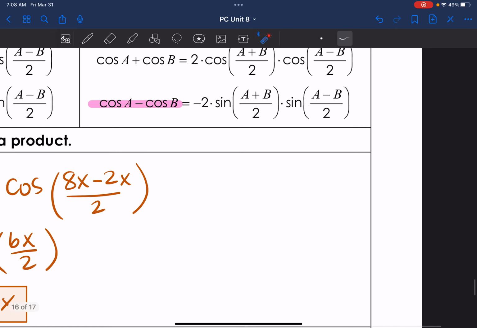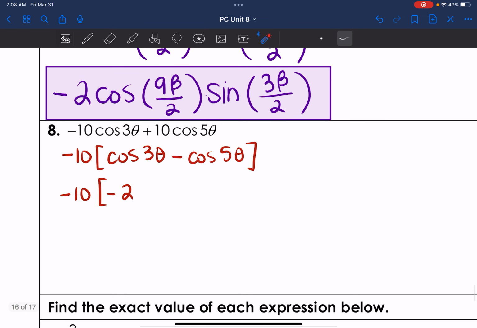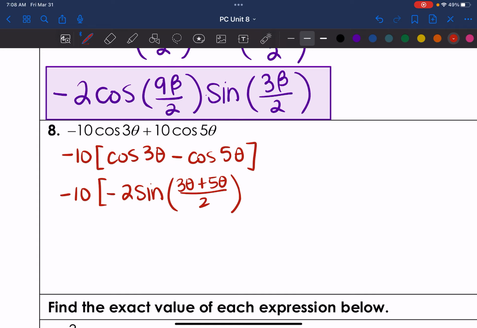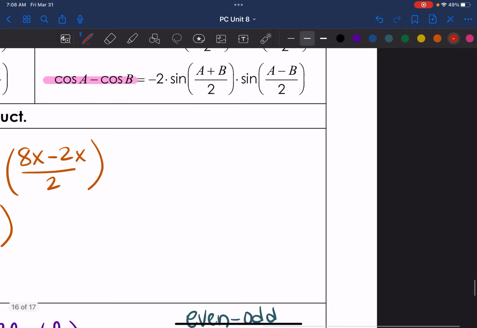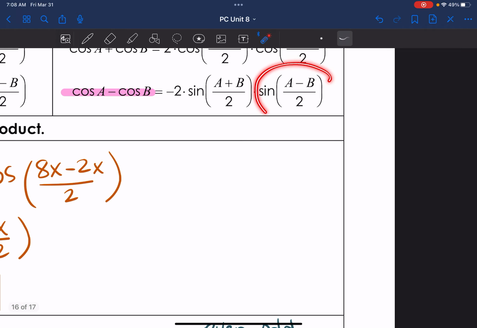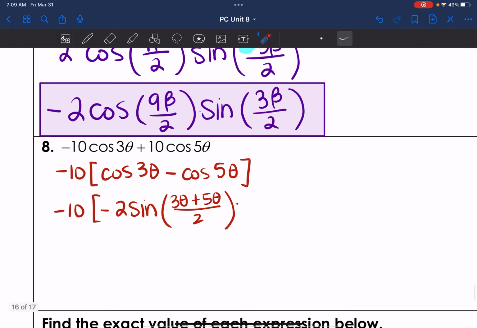Okay. Sine of adding the angles divided by 2. So sine of 3 theta plus 5 theta over 2 times sine of subtracting divided by 2.